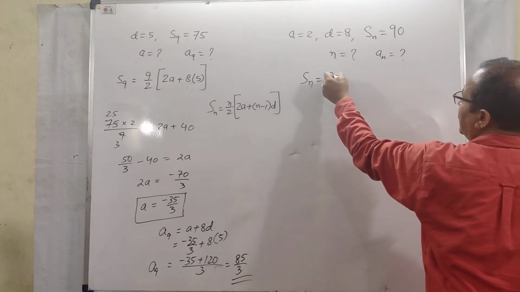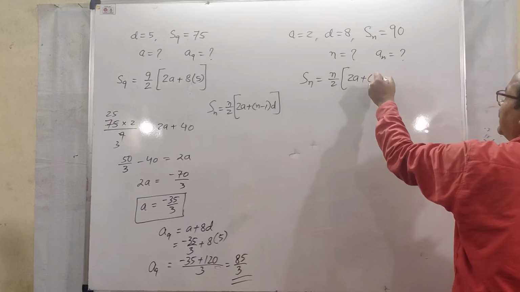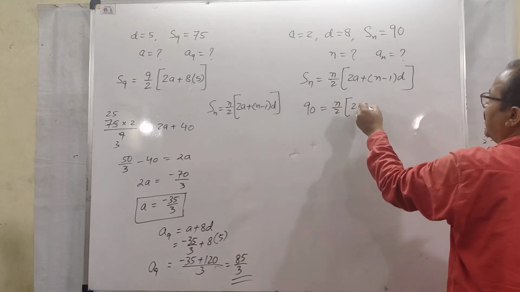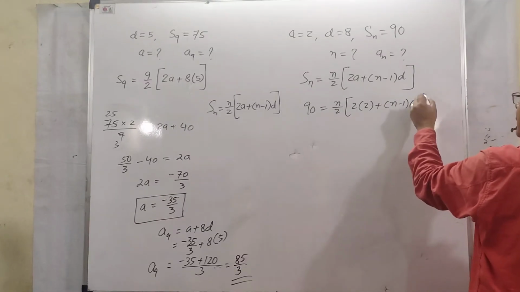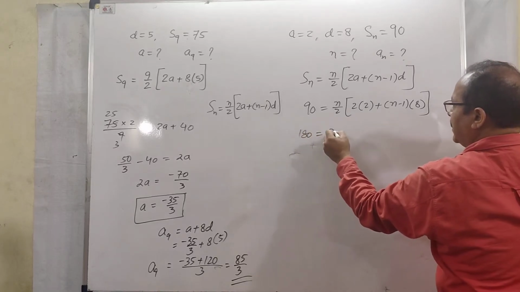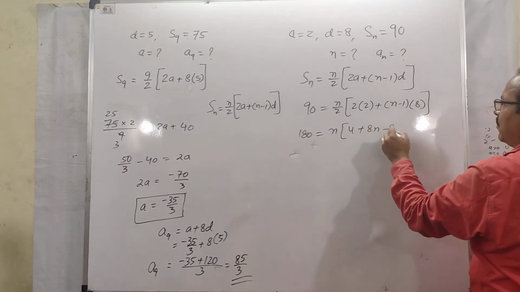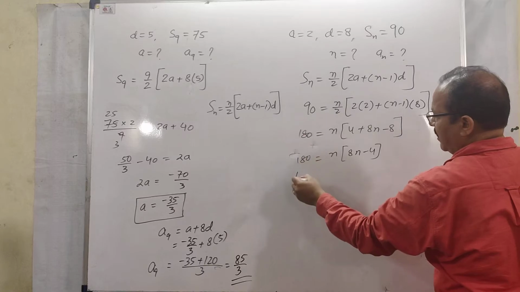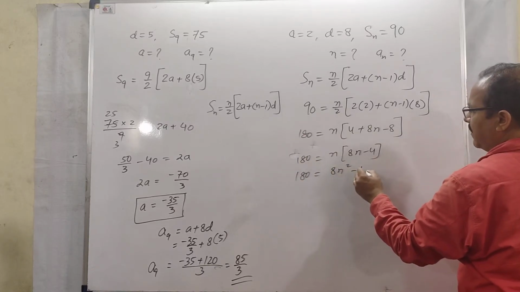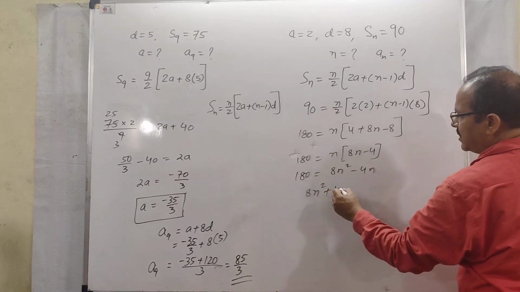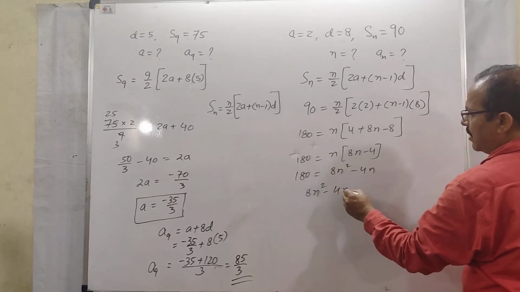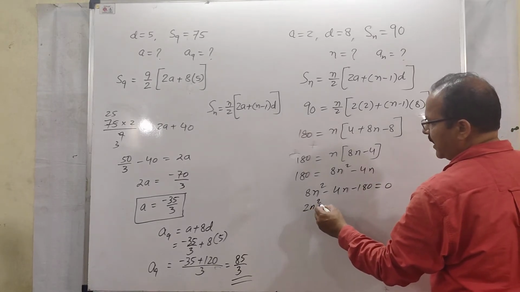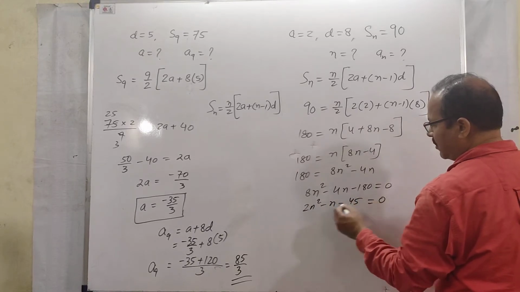So Sn is n upon 2 into (2a plus (n minus 1) into d). Again I am applying the formula, see carefully. 90 is equal to n upon 2 into (2a plus (n minus 1) into d). Putting all the values, 180 is equal to n into (4 plus 8n minus 8). Opening the bracket, n into (8n minus 4), 180, 8n square minus 4n. The equation is 8n square minus 4n minus 180 equals 0, or you can write 2n square minus n minus 45 equals 0.